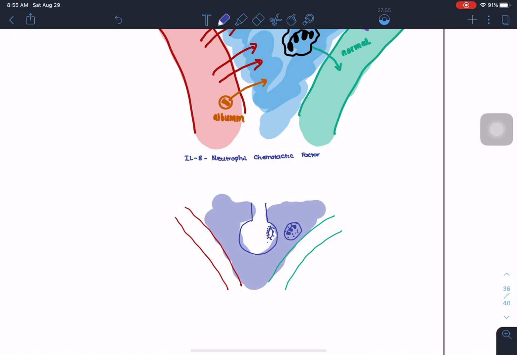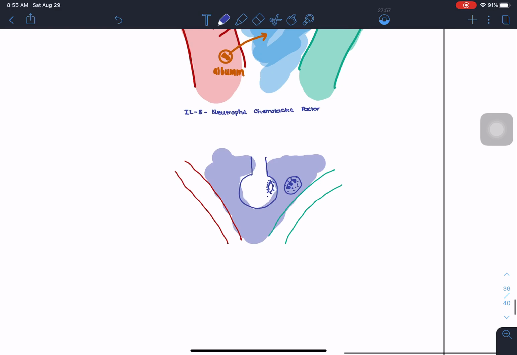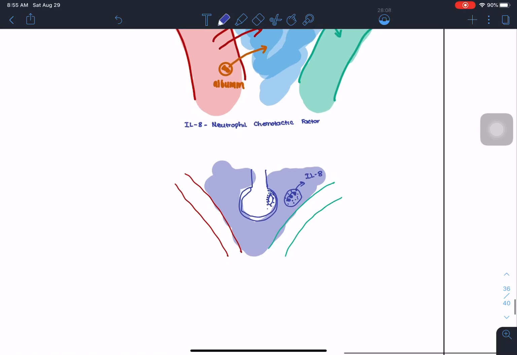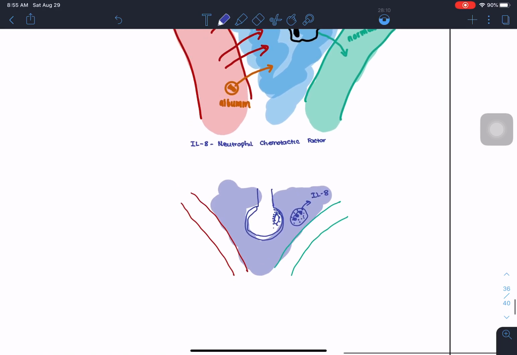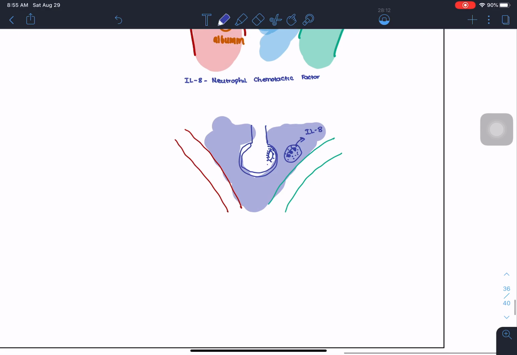And the neutrophils will be called by substances released by the alveolar epithelia and by themselves, called IL-8, interleukin 8. It's a neutrophil chemotactic factor. It attracts neutrophils. Now, as you should remember, in inflammation, capillaries dilate and increase permeability.